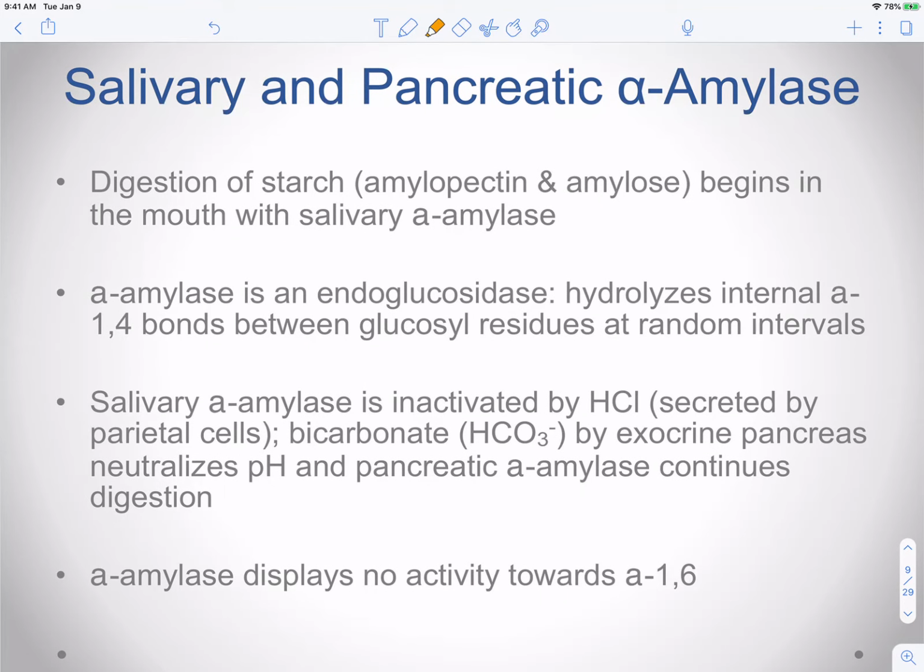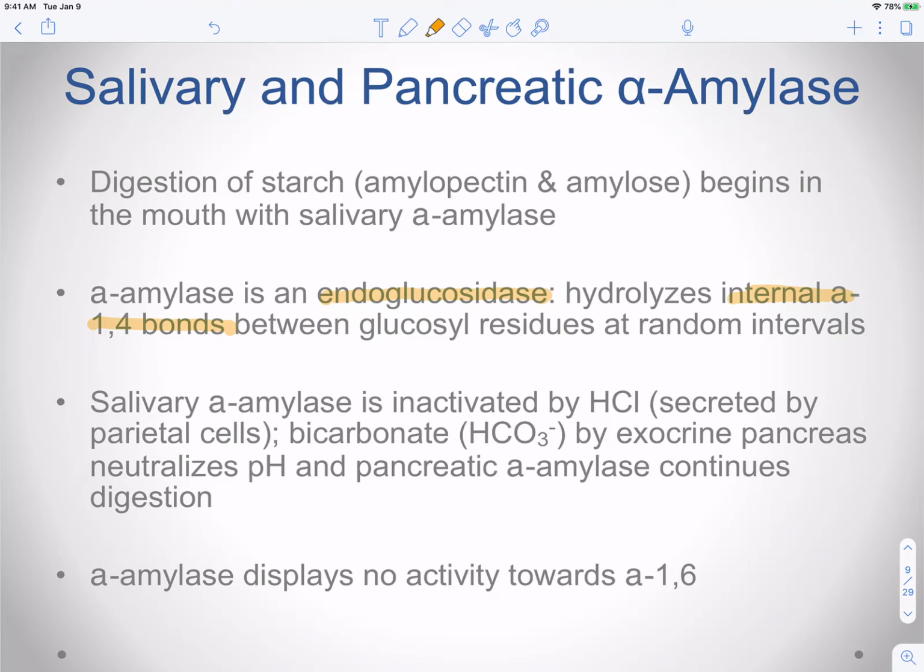Digestion of the starch is going to begin in the mouth again. The alpha amylase is an endoglucosidase. It hydrolyzes internal alpha 1,4 bonds between glycosyl residues, and it does this randomly, so it's going to make random-sized dextrins. Salivary alpha amylase is going to be inactivated by our stomach again.